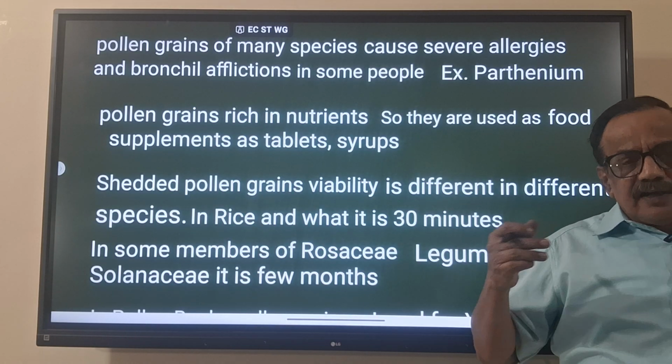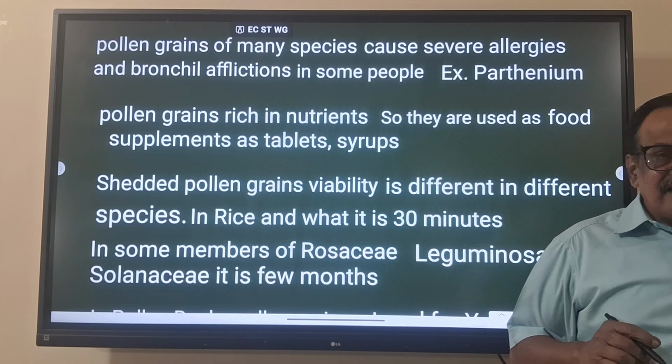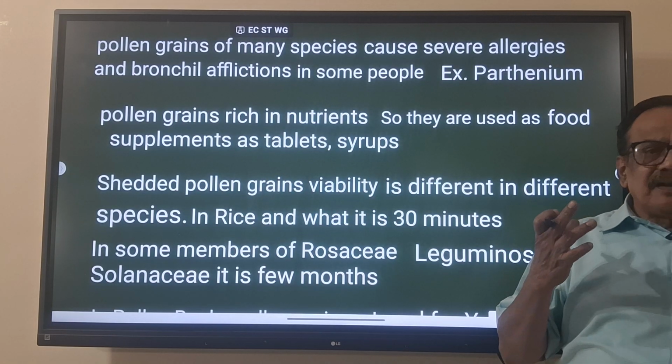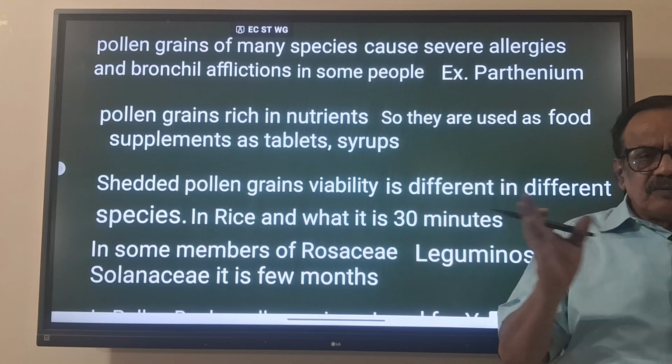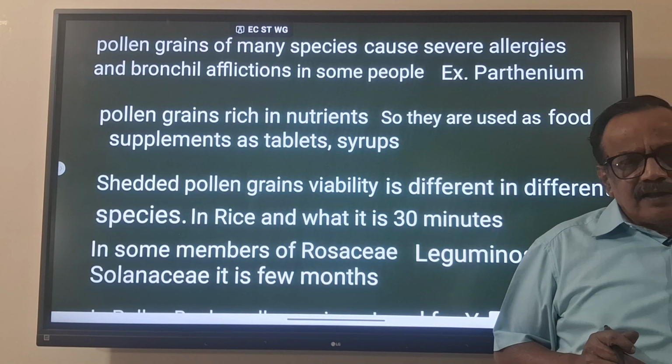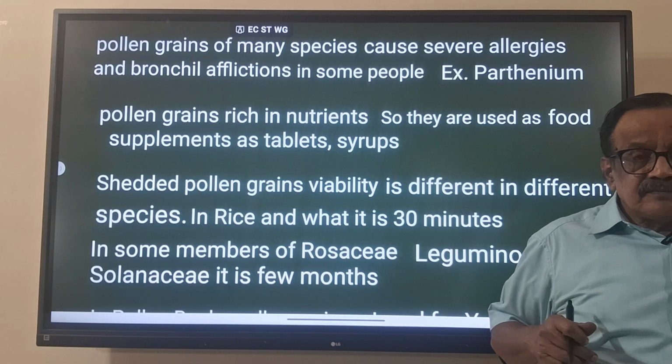It may come very late. For example, a honeybee may come very late, but the anther has already shed, meaning it is broken and the pollen grains are ready. So at that time, there is a delay.